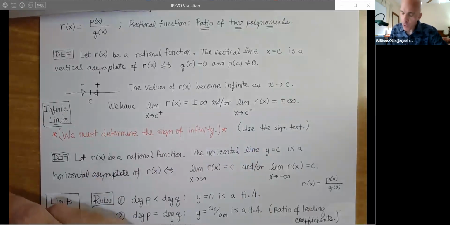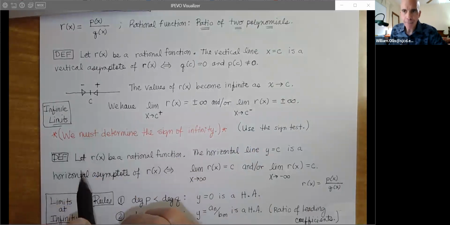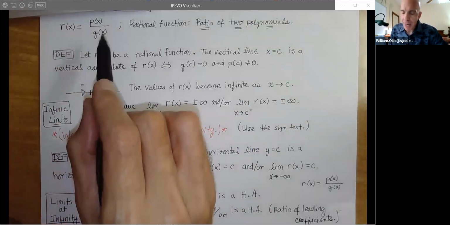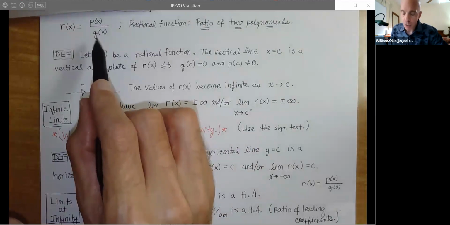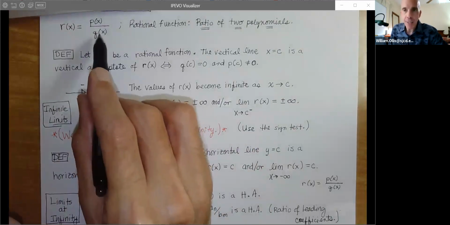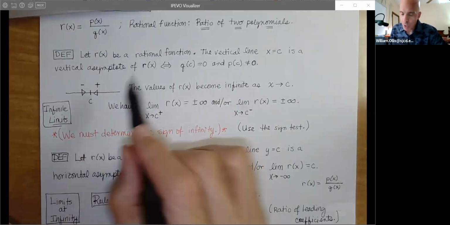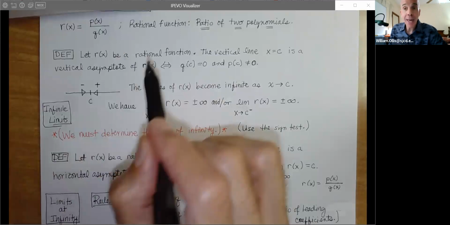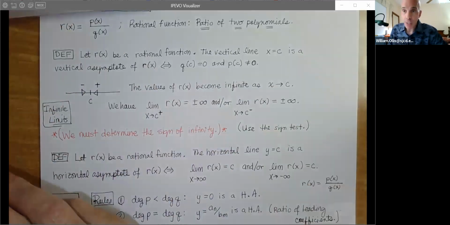Students like the vertical asymptotes because it's just like finding the domain. When you compute the domain of a rational function, you basically want to exclude the real numbers that make the denominator 0. And then you have the domain. So when you compute the domain, you may actually be defining some vertical asymptotes.